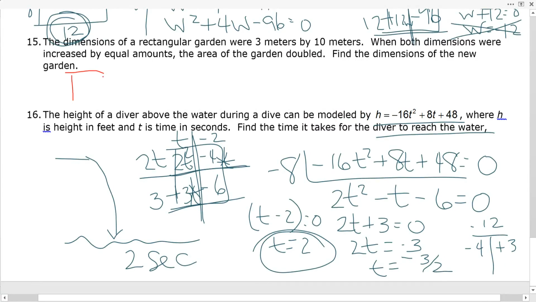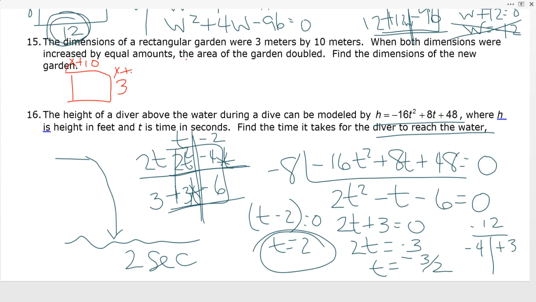Okay, so I have a garden and it's 10 by 3. And I'm adding the same amount to both, which makes x plus 10 and x plus 3. So my area goes from 30 to 60.